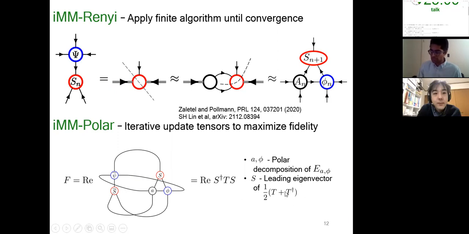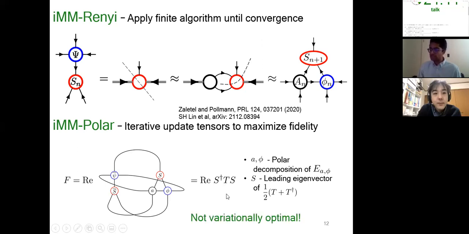This is the leading eigenvector of the Hermitian transfer matrix of T and T dagger, where T again is a transfer matrix between psi, A, and phi. The reason that we're looking at the Hermitian part of the transfer matrix comes from the fact that S here appears on both sides of T.